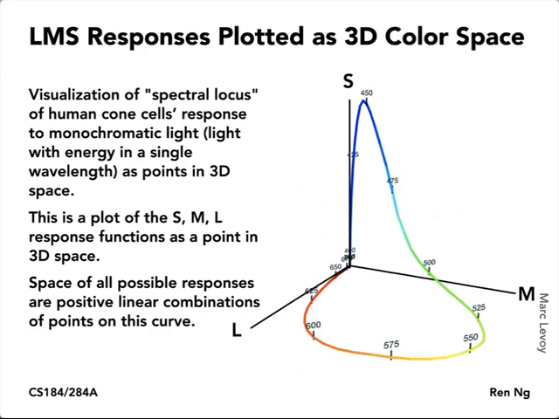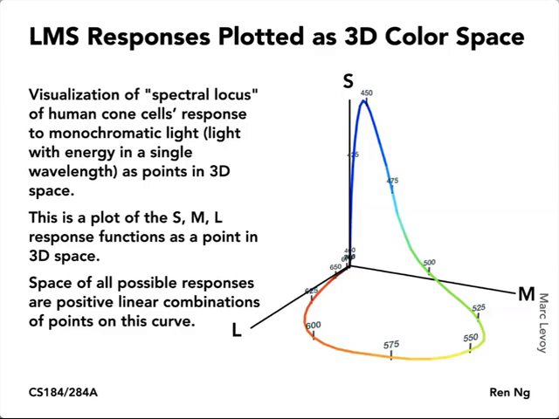And the space of all possible responses that our visual system can receive, you can think of it mathematically as all possible responses, or the positive linear combinations of points on this curve. Now why is that? Well, if we get any particular spectral power distribution, we could mathematically break it down wavelength by wavelength and ask how much it is going to contribute to the LMS response in our eye, and just integrate over wavelength.